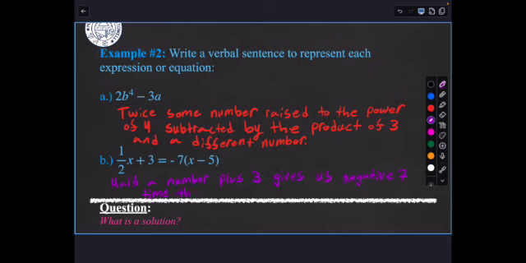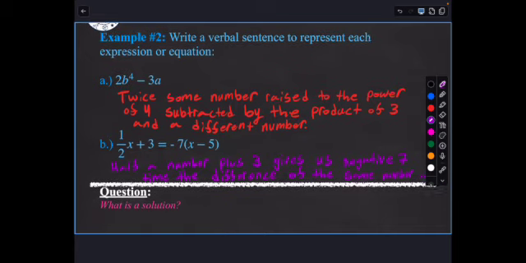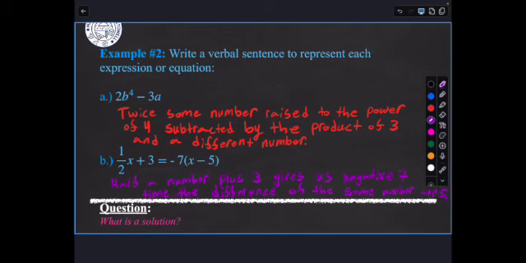Times the difference of the same number and 5. And that's how we would say that one.